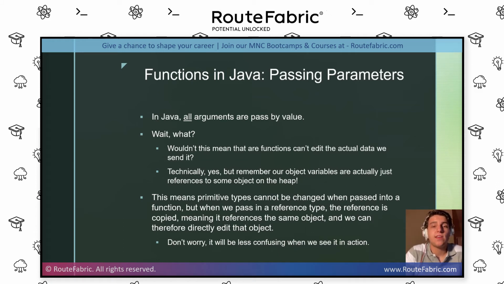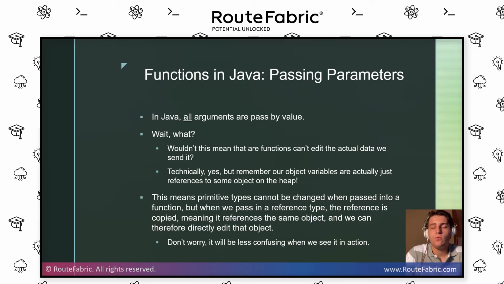But when we pass in a reference type, let's say we create a string called name and we pass in name, the reference is copied. When the reference is copied, we really just get two references to the exact same object. So we're not copying any objects there, and that's why we can directly edit objects within a method: we'll pass in a reference, and even though that reference is copied, they're both going to be referencing the same object, so we can edit it.